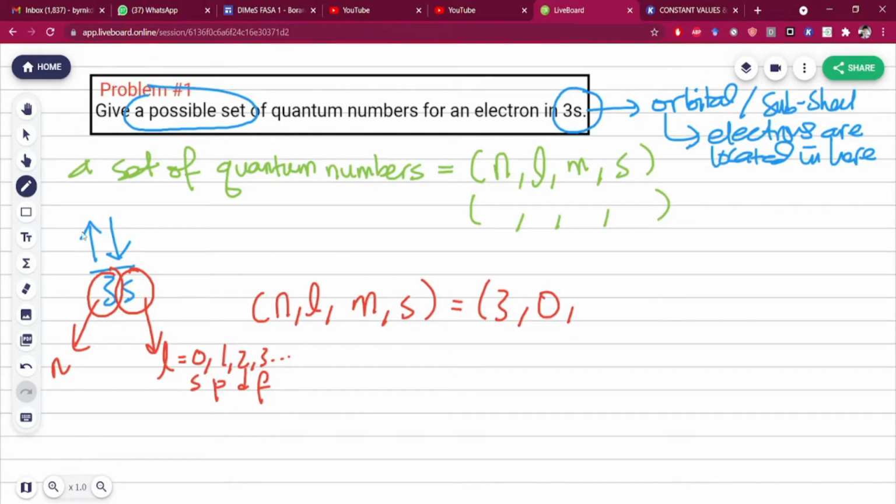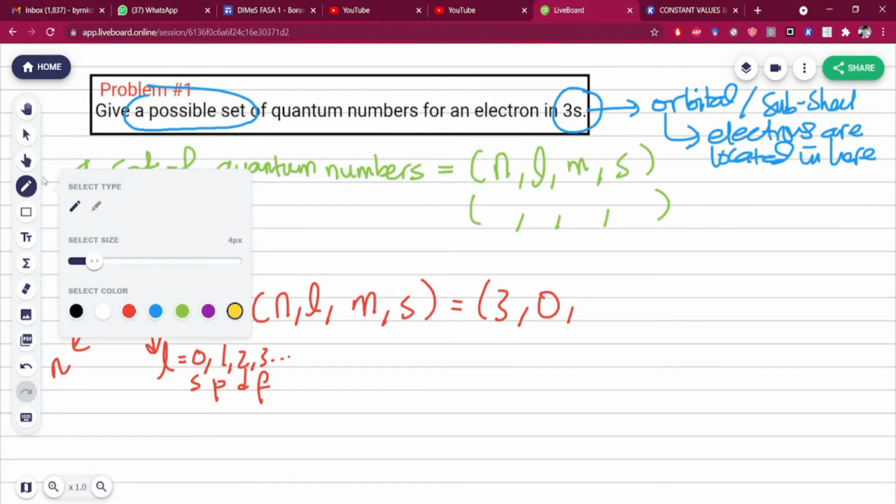And do remember that the value of m depends on L. That is super important again.